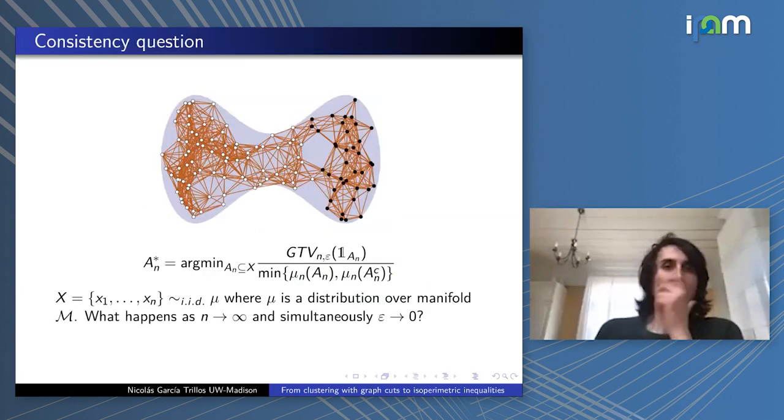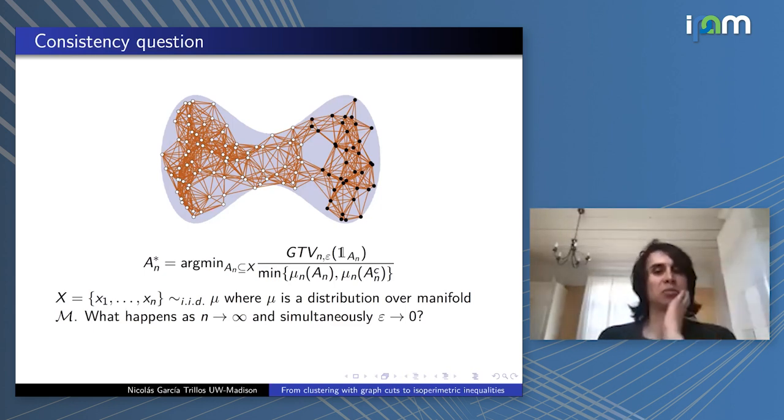All right, so the consistency question. Now the manifold learning question, but for the Cheeger problem. What happens if the data points are sampled from some distribution supported on some manifold? What happens as we take more and more points and at the same time scale the connectivity of the graph to 0?